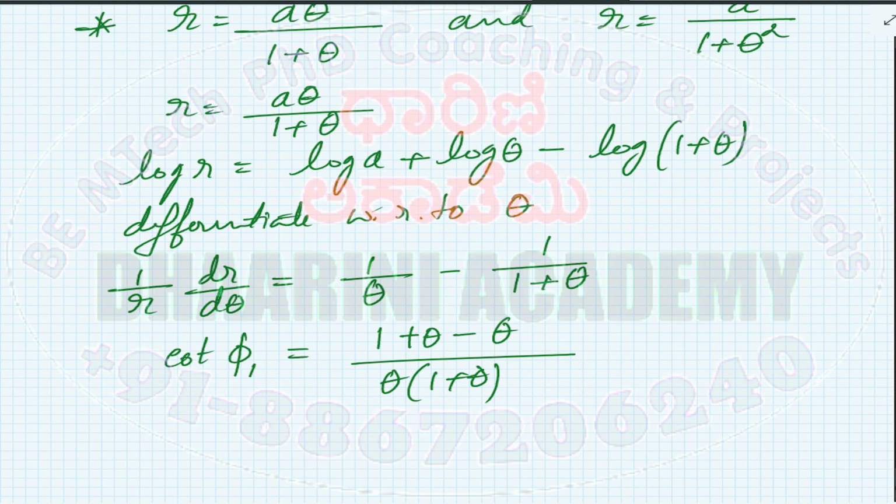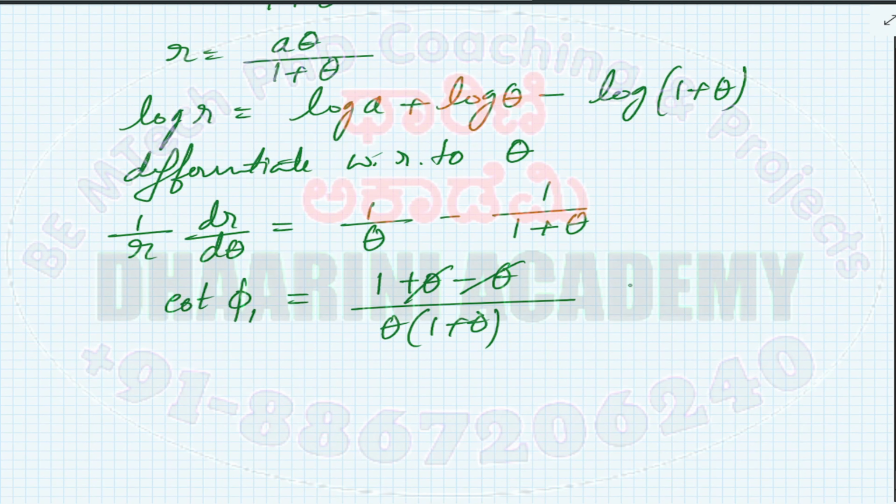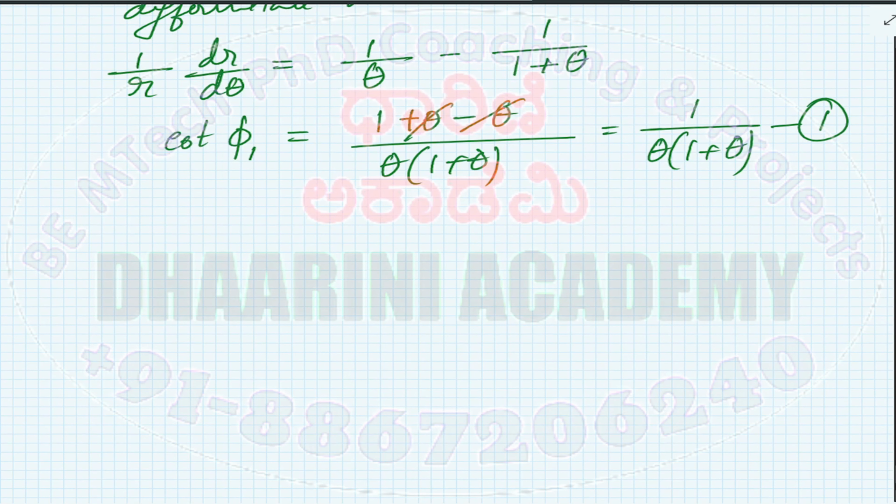This is the common denominator. So this theta and this minus theta will cancel out. So cot phi 1 becomes equal to 1 divided by theta into 1 plus theta. Let's hold on to this. Let me call this equation number 1.